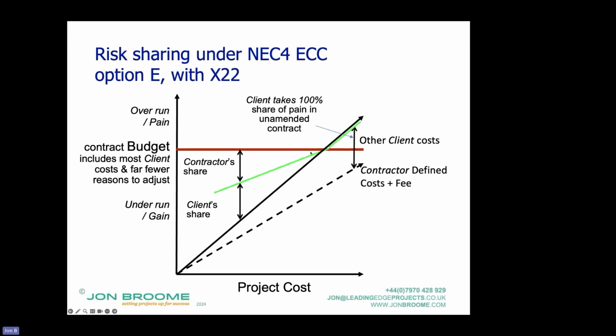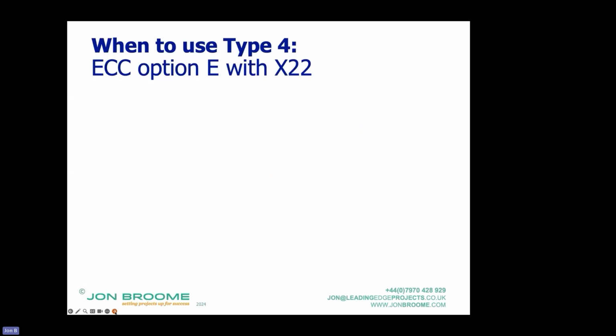If you take those things out of my control, then we can have a lower budget. And you start to get away from one of the things which makes it really attractive to clients, which is it's my budget. Because there are other things included, you can start negotiations to go back towards a target cost contract. So on the surface it's very attractive, but in reality it's not quite as attractive.